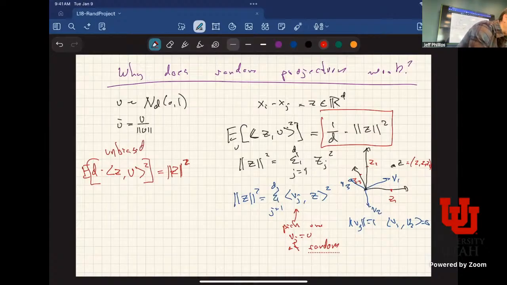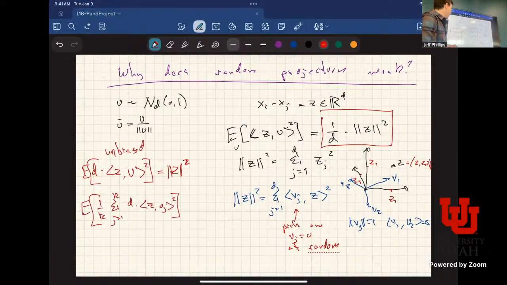And also, if I say the expected value of 1 over k, sum over j equals 1 up to k of d times z u_j, so if I take the average over k of these terms, it will also be an unbiased estimate of this distance. If I do an average over k of them, it's also an unbiased estimate.